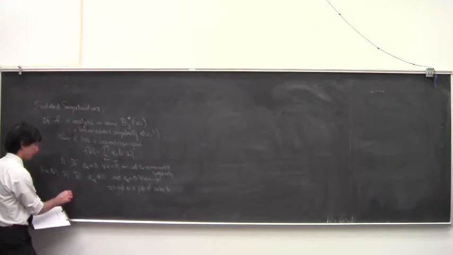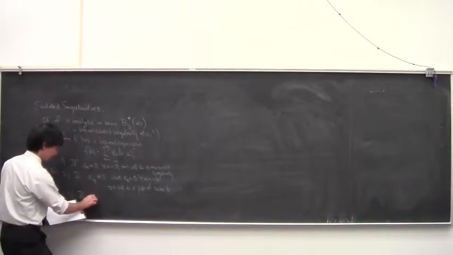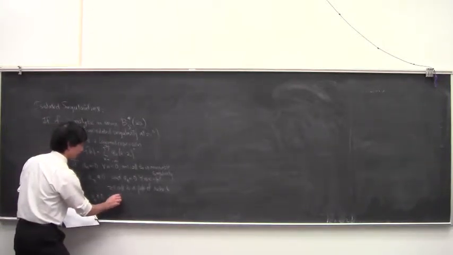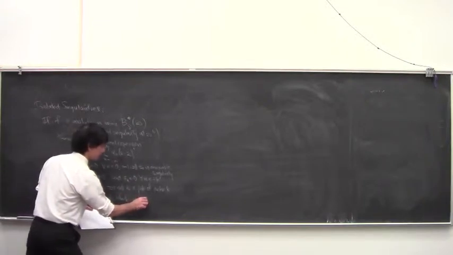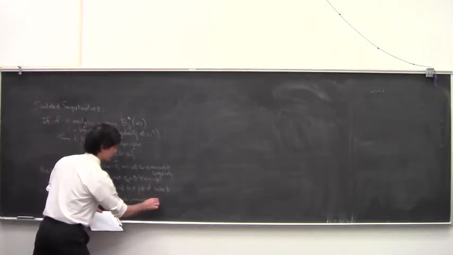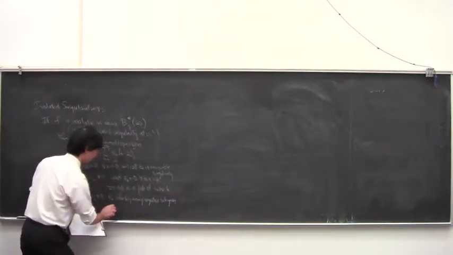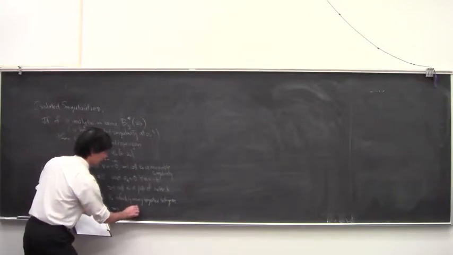And then the third type of singularity is if a sub n is non-zero for infinitely many negative integers. In that case, z naught is called an essential singularity.